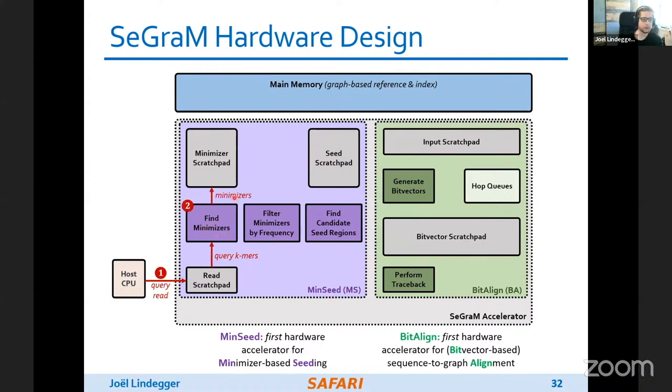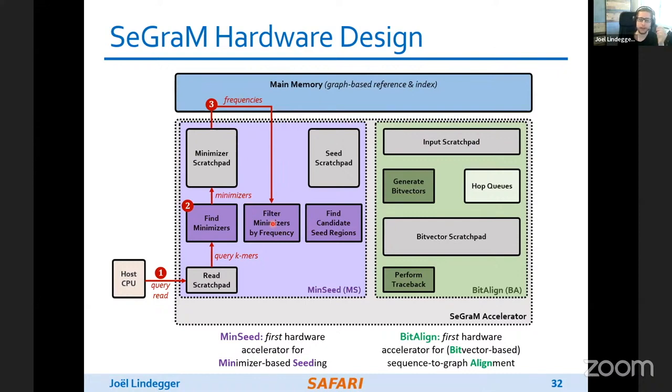Anyway, you write these minimizers to another scratchpad, so on-chip memory, and now you have a list of seeds to look up in your index. Your index is stored in main memory, so we look up frequency, so essentially how often they occur in the reference genome. And then we have another computational unit that just discards any seed that occurs too frequently. This is a filtering step.